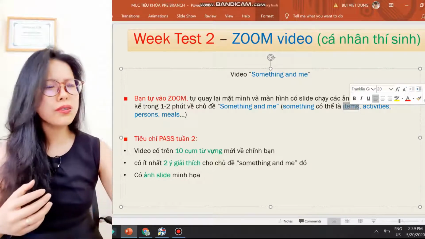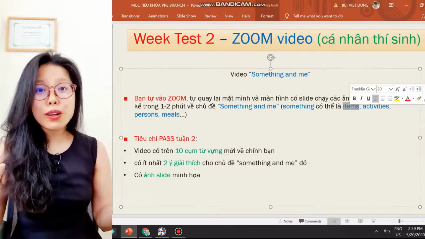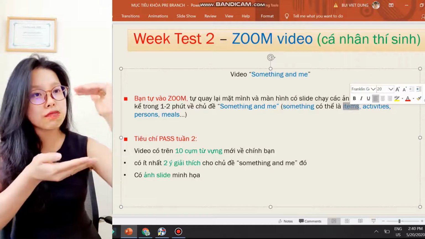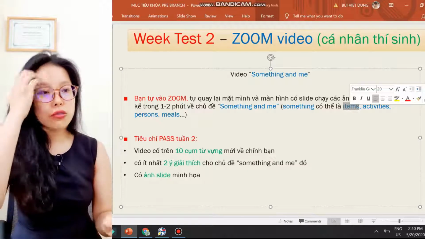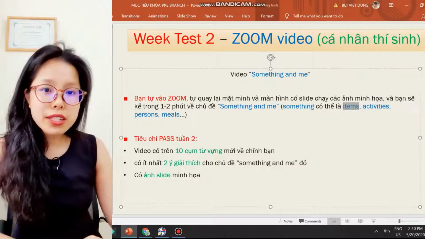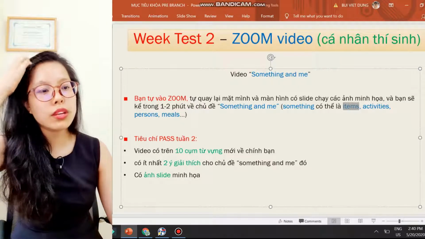So how do you maintain and make your talk longer like this? This is a matter of mind map, and you have to have a list of vocabulary, and you just follow that list. That's how you can try to lengthen your speech. Now the criteria to pass this week are 3 criteria.